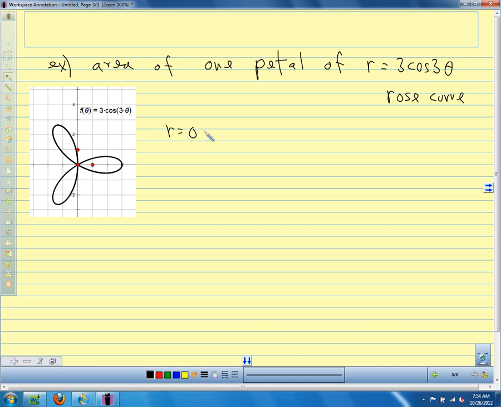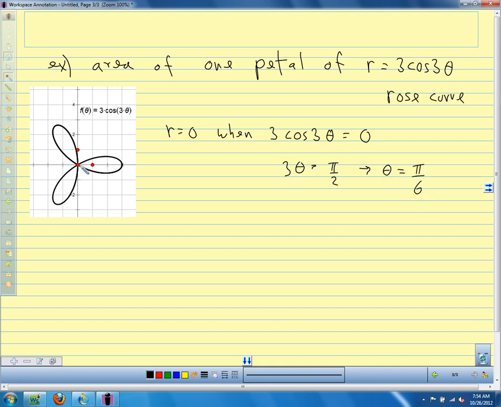So r equals 0 when 3 cosine 3 theta equals 0. I think this was, didn't we just talk about this on our homework? So 3 theta equals pi over 2, so theta equals pi over 6.